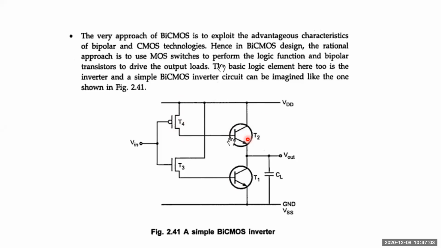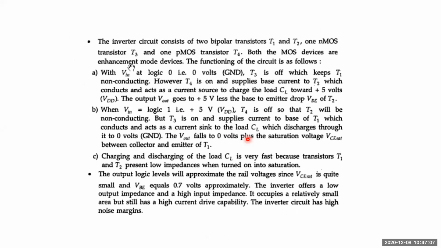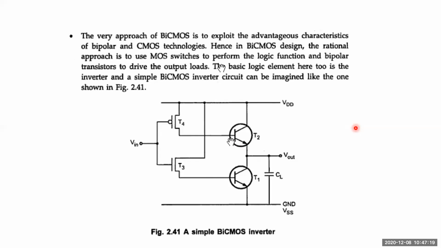Whenever T4 is on, it supplies base current to T2, which now conducts and acts as a current source to charge the output load. The charge flows through the emitter and is stored in the load capacitance.